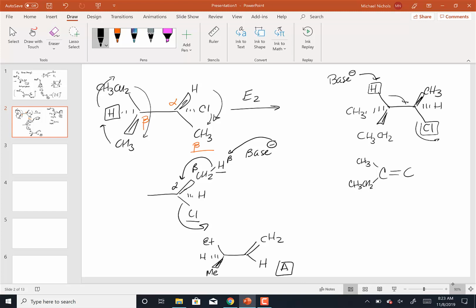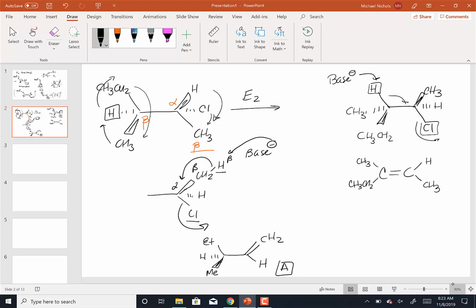What's critical is what group is cis to the methyl, and what group is cis to the ethyl group. In this case, the ethyl group and the methyl group are both on bold wedges. They become cis. The methyl and the hydrogen are on dashed wedges. They now become cis. So this is the stereochemistry of that alkene product, not the other.